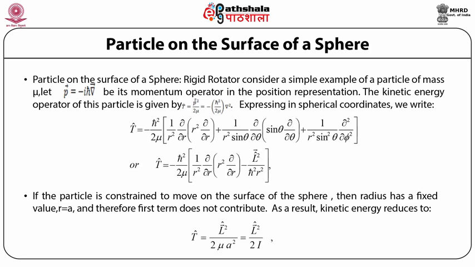As a result, the kinetic energy reduces to operator T equal to operator L squared by 2 mu a squared, equal to operator L squared by 2I, where I is the moment of inertia given by mu a squared. Rigid rotator.